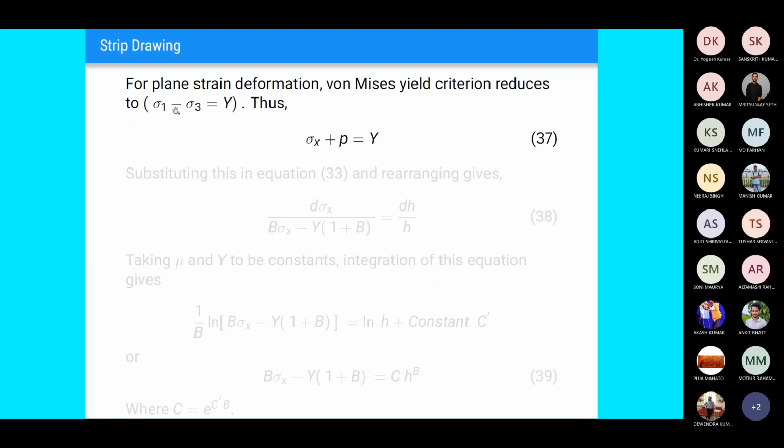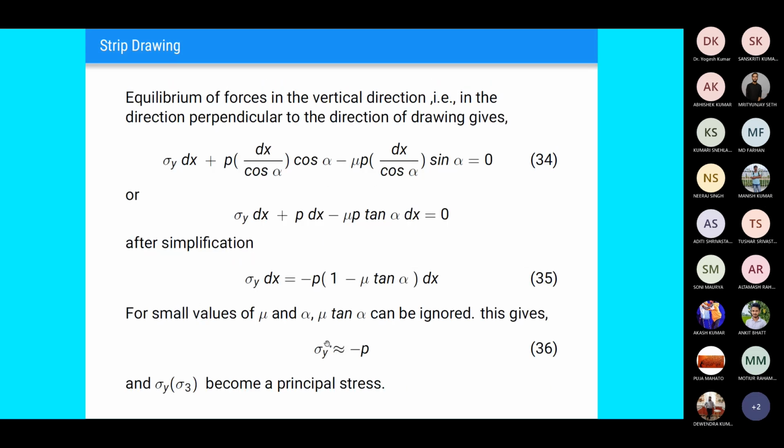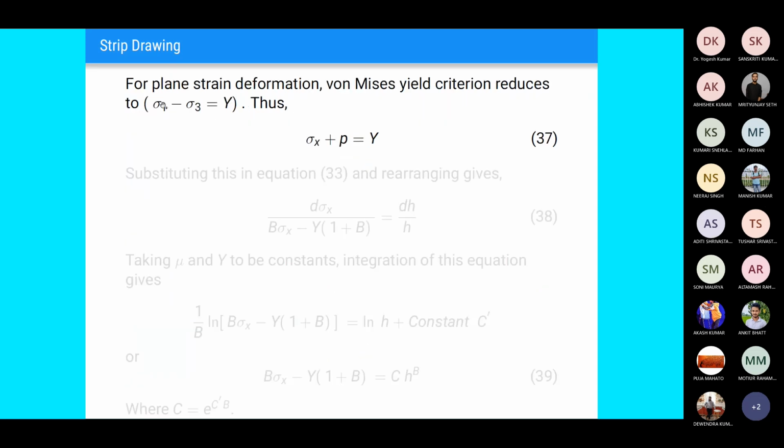The von Mises yield criteria: sigma 1 minus sigma 3 equal to Y. Sigma 1 equal to sigma x. Sigma 3 equal to what we have got? Sigma 3 equal to sigma y, which is equal to minus p. So minus minus will become plus, equal to Y: sigma x plus p equal to Y. Now this will become your yield criteria.